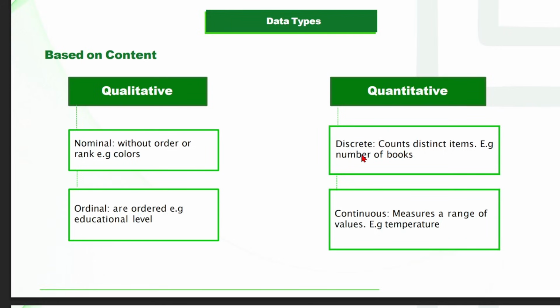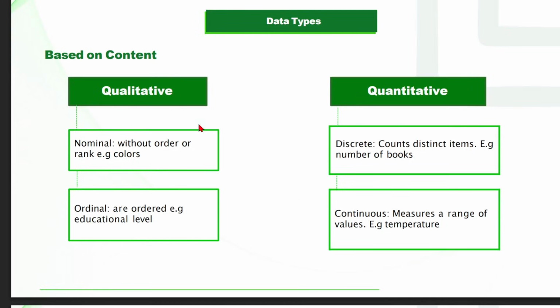Discrete means they count distinct items, like the number of books, how old you are, your weight, your height. But continuous data are data that are continuous, like temperature. And I can say date is also continuous data.